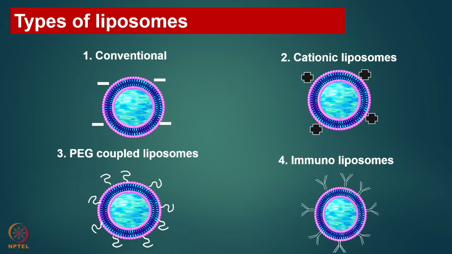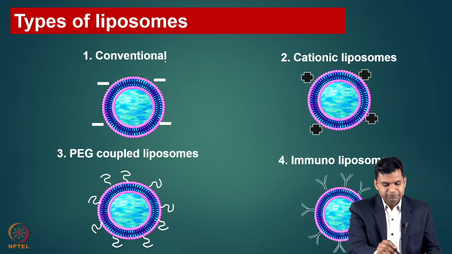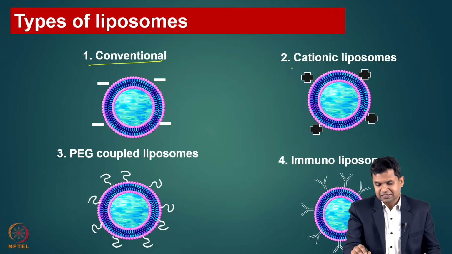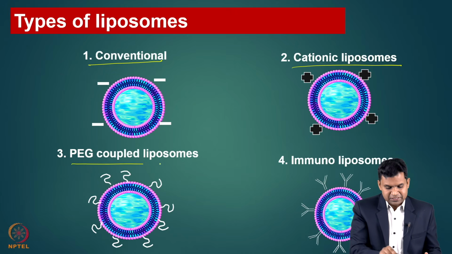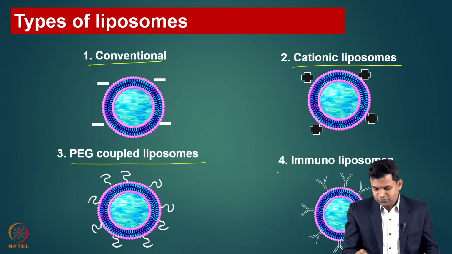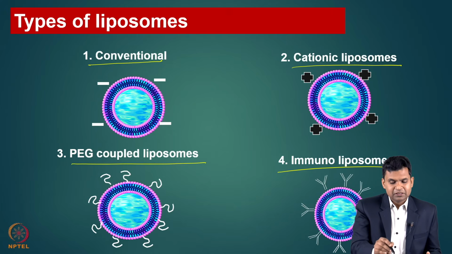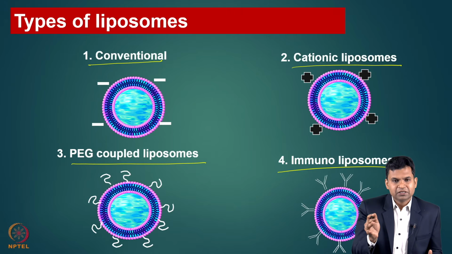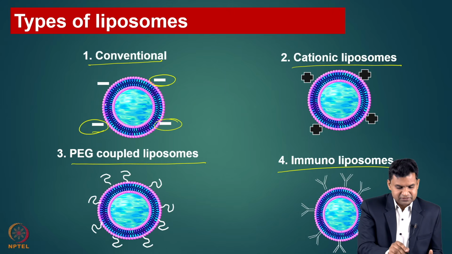Now, we are going to see the types of liposomes. First is conventional, second is the cationic liposomes, third is PEG coupled liposomes, and fourth is the immunoliposomes. We know that liposomes consist of lipids, and because their head group contains the phosphate group, it shows a negative charge on the surface.